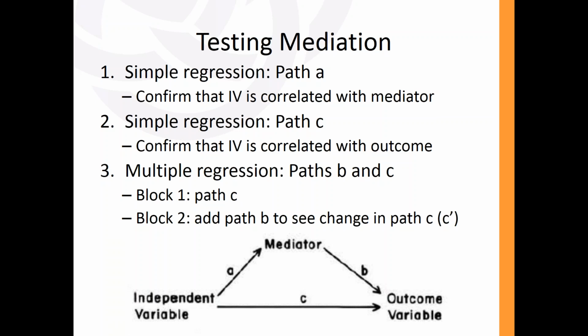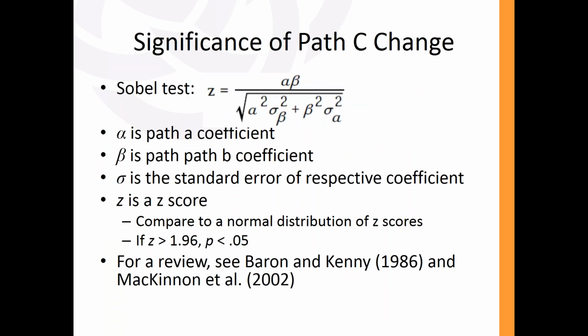So when we're looking at this full or partial mediation, it's important to note that there is an actual statistical test of whether or not that change in path C was significant, and that comes in the form of the Sobel test. I see there's a question: does this testing mediation work for ordinal regression as well? Yes, it does. So I've been referring to linear regression.